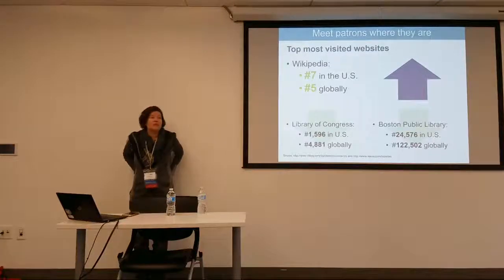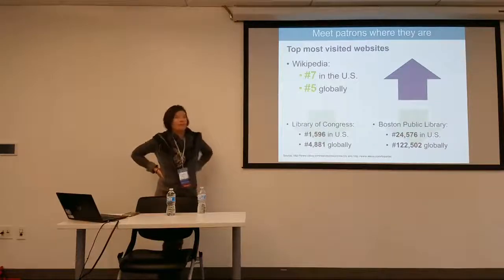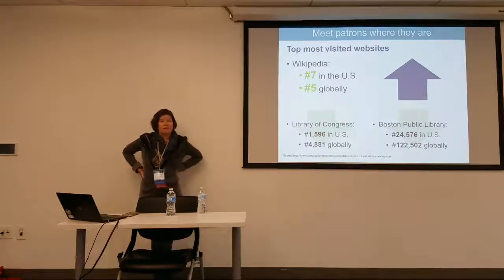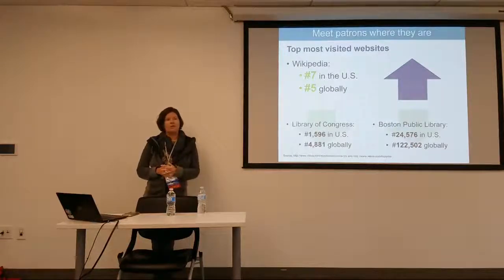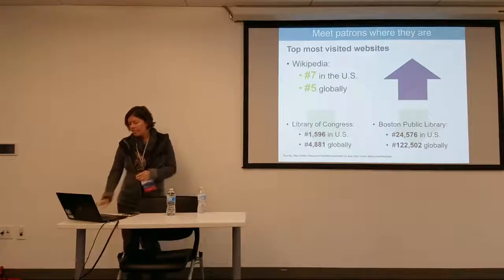It really blows away even very popular library websites. If you think about the Library of Congress as being a popular website, which it definitely is, it falls far, far below the fold of something like Wikipedia. So I think that's something that motivates a lot of us to think about why we should be active and visible on Wikipedia.